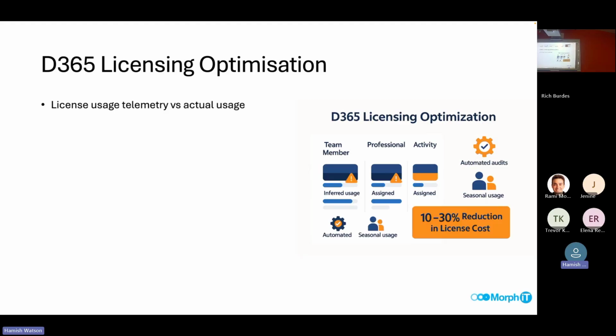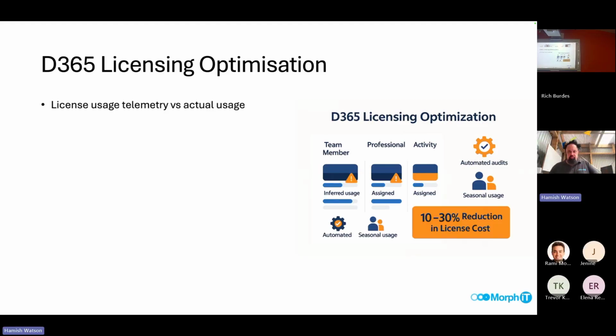When a user changes roles, moves departments, or leaves the org, their license may remain active. And I've seen this time and time again. We need to look at the utilization of our licenses. So maybe measure how often users log in, what entities they touch, whether they use premium features.